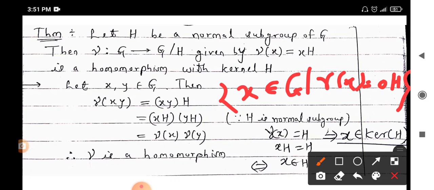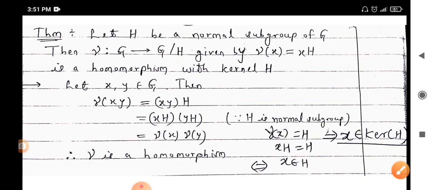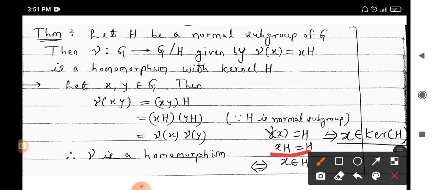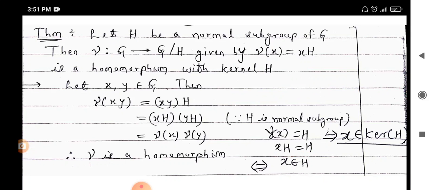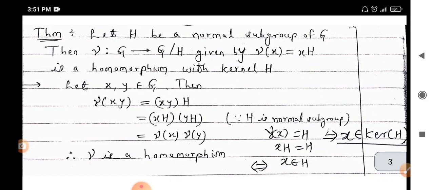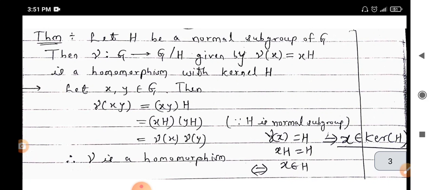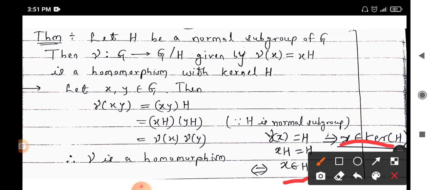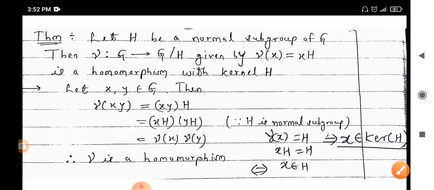That is, gamma of X equals H. Gamma of X is XH, so XH equals H. Then by the property of cosets, XH equals 0H if and only if X minus 0, that is X, belongs to H. Hence it holds if and only if X belongs to H. Here we prove that if X belongs to the kernel, then X belongs to H, and also every element of the subgroup H belongs to the kernel.